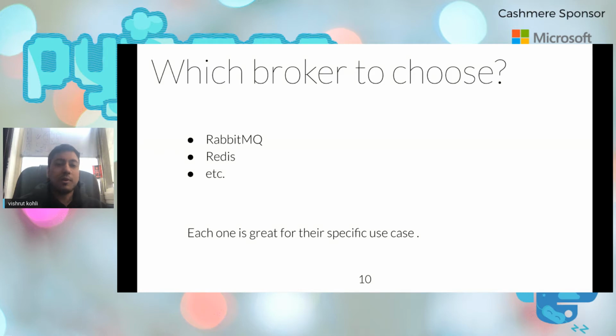If you're looking for a highly efficient broker which supports several workers consuming from different queues and also offers some kind of persistence of tasks when it shuts down, then no doubt RabbitMQ is the way to go. But RabbitMQ is a little time consuming to set up and maintain. On the other hand, if you just want to use your broker as a quick messaging system, Redis is the way to go as it works really well for quick tasks and is very easy to set up too.